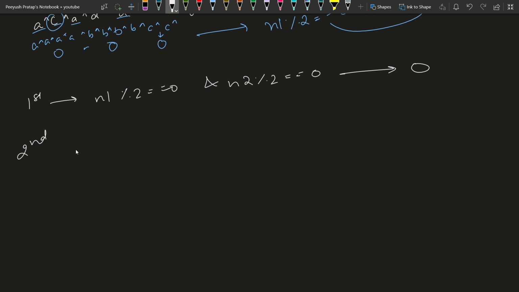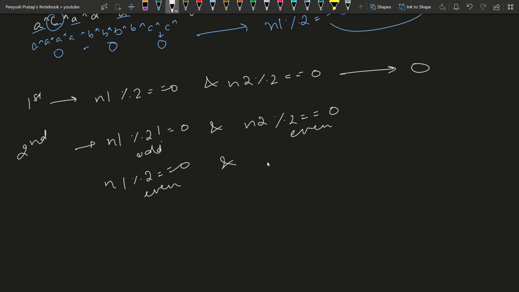Second case, when N1 can be odd and N2 can be even, or the opposite of this, like N1 can be even and length of N2 can be odd.